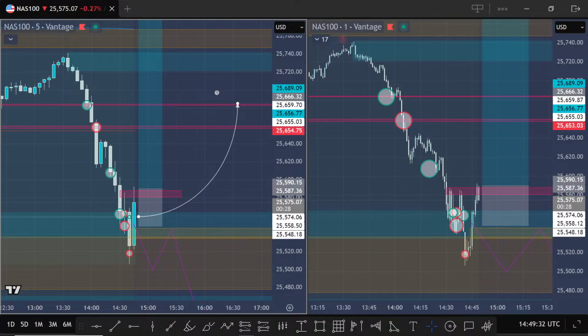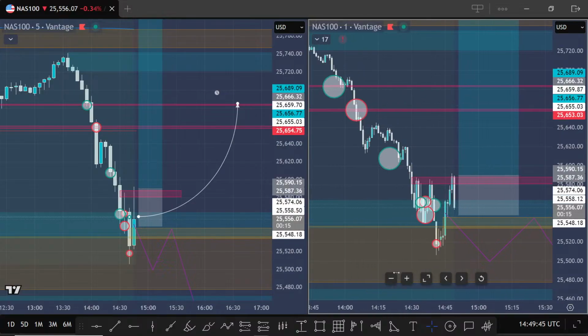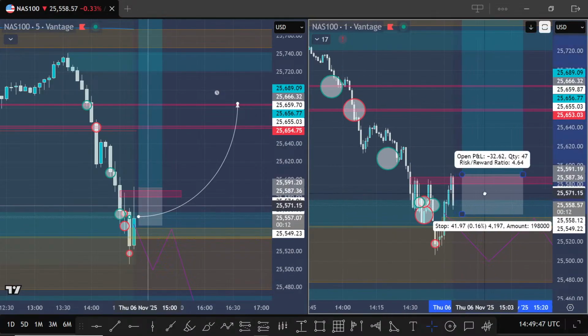That's us in the value area low again. Okay, so that's not held.